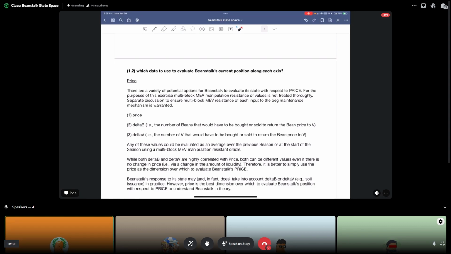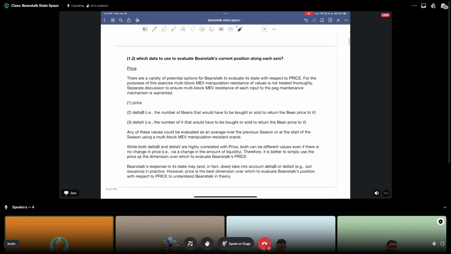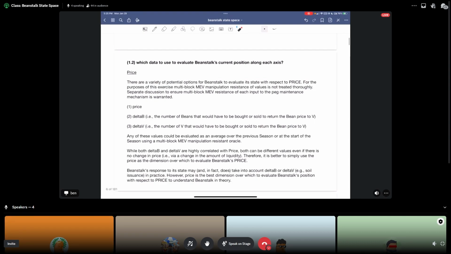Now, the manipulation resistance of these values, that's a separate discussion, which we'll treat lightly later on. But the actual decision as to what Beanstalk should do with respect to price is, it's funky.